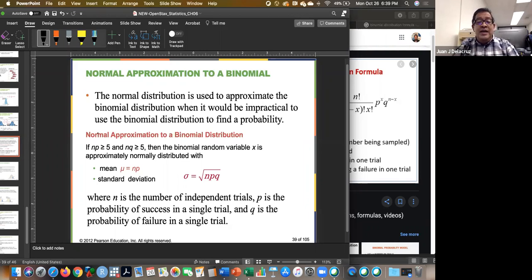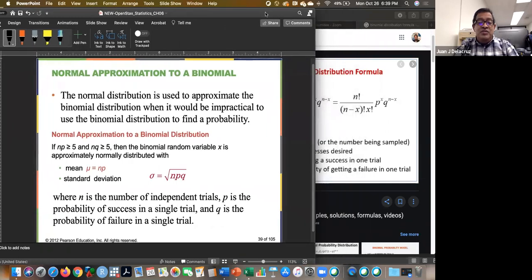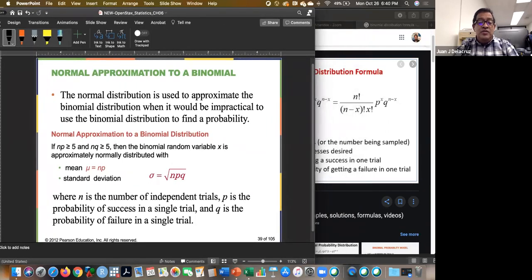Once we make sure that this normal approximation is good, so we have values that are at least 5 in both cases, we are able to compute the mean and the standard deviation. Remember, in order to find the area under the curve, we need sigma and we need mu. So we can proceed to compute the population mean and the population standard deviation.